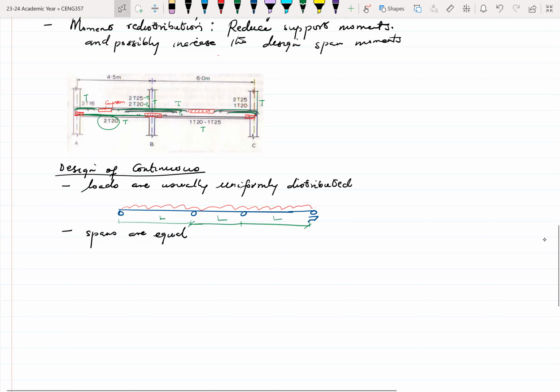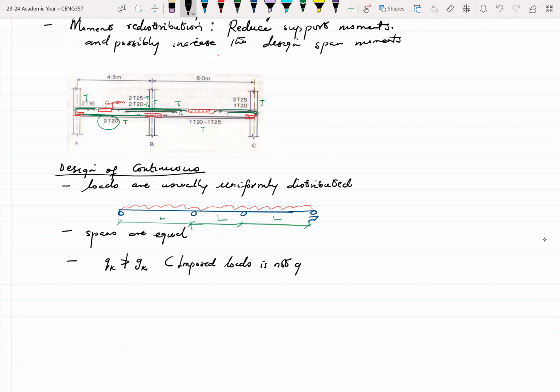That's also quite common in structures, where you find the spans are quite equal. Also, normally your live load is less than the dead load, so the imposed loads or live loads are not greater than the dead loads.